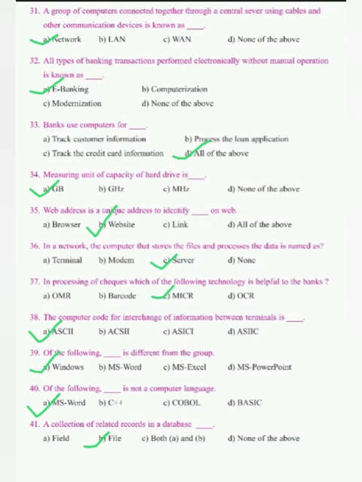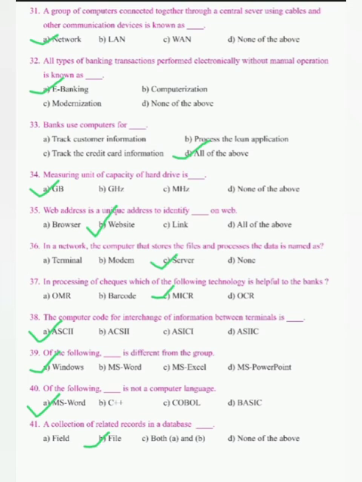A. ASCII, B. ACSII, C. ASICI, D. ASIIC. Answer: ASCII. Of the following, which is different from the group? A. Windows, B. MS Word, C. MS Excel, D. MS PowerPoint.